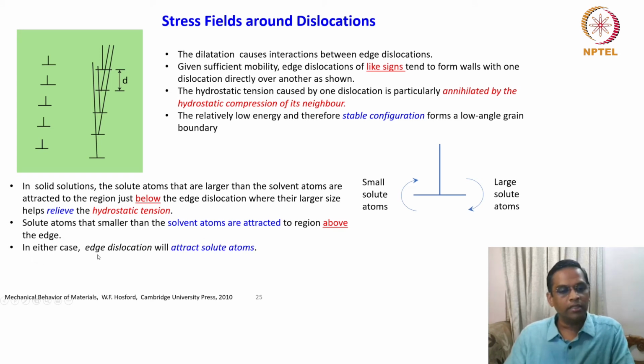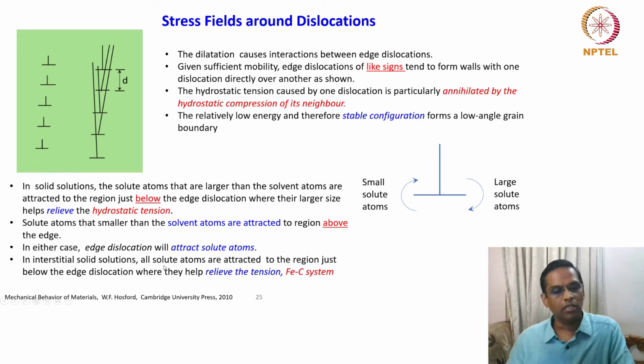In either case, an edge dislocation will attract solute atoms. Very, very important point from a metallurgical point of view. So an edge dislocation attracts solute atoms because of the complex stress field around it, not the screw dislocation.